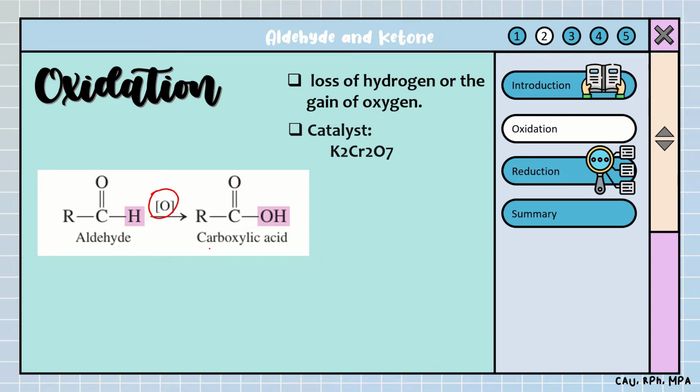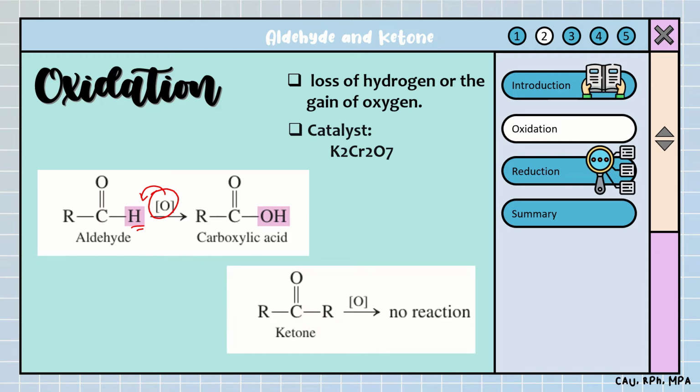In the resulting product, since the oxygen will be combined with the hydrogen, it will become a carboxylic acid. However, as you can see in the ketone, there is no available hydrogen where the oxygen can bind, therefore there is no oxidation reaction for ketone.